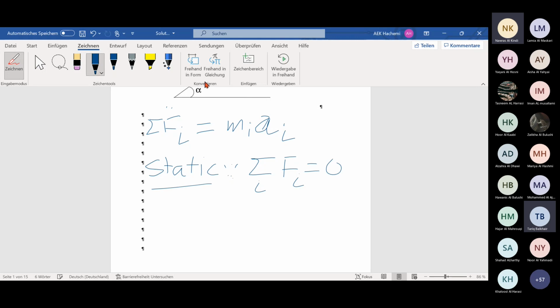Then it means, if we look now at the sum of the forces in the x2 direction, this will be equal to 0.